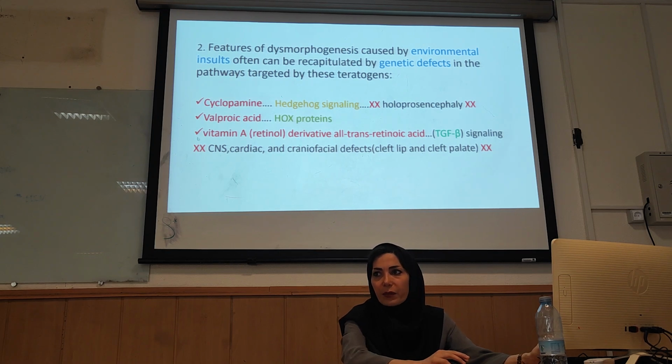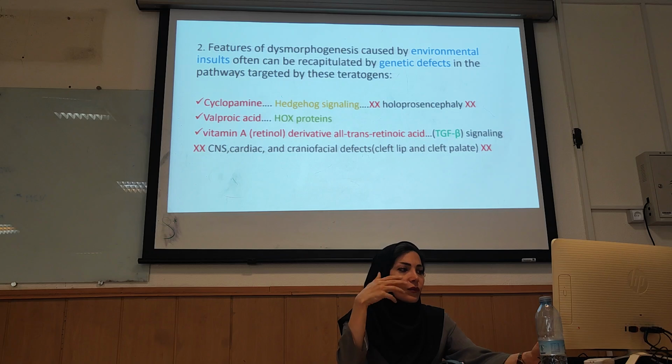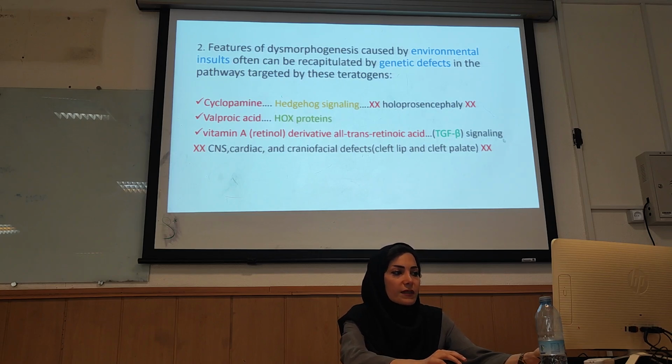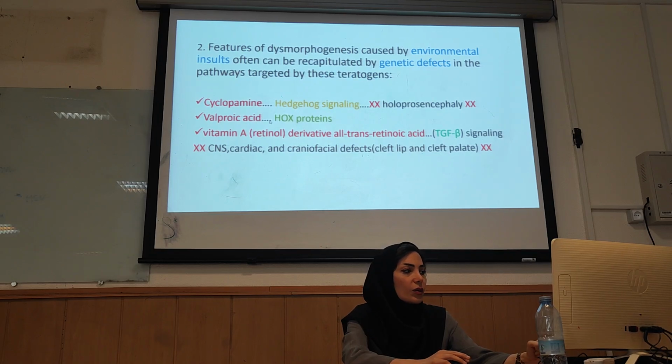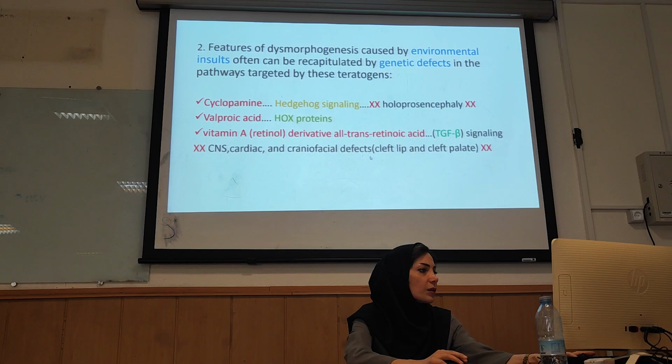You know many people consume Roacutan for their skin disease, for acne. This drug selects the TGF-beta signaling pathway to exert its teratogenic effect, and valproic acid can influence the Hox proteins and so on.